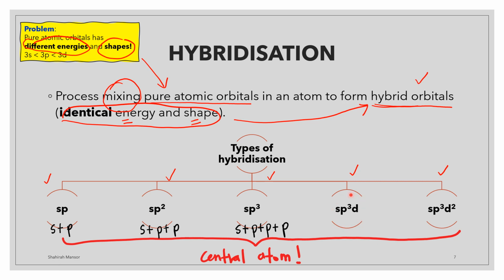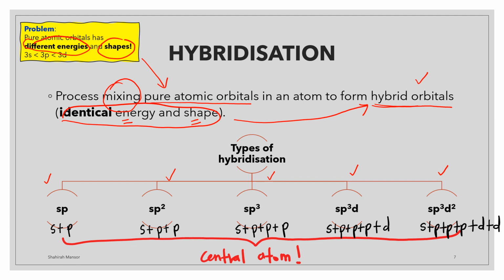sp3d will be formed when we combine 1s, 3p orbitals, and 1d orbital. And lastly, sp3d2 is formed from the combinations of 1s, 3p orbitals, and 2d orbitals.